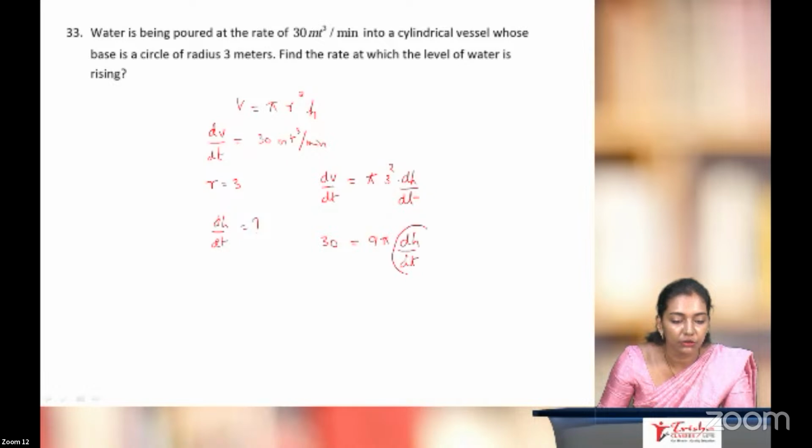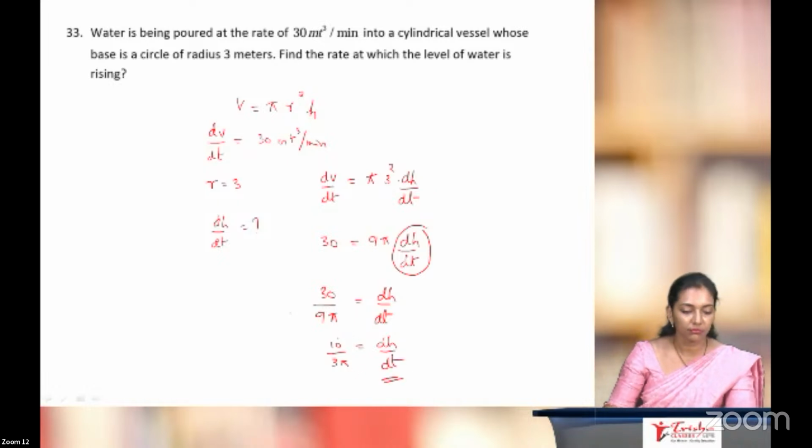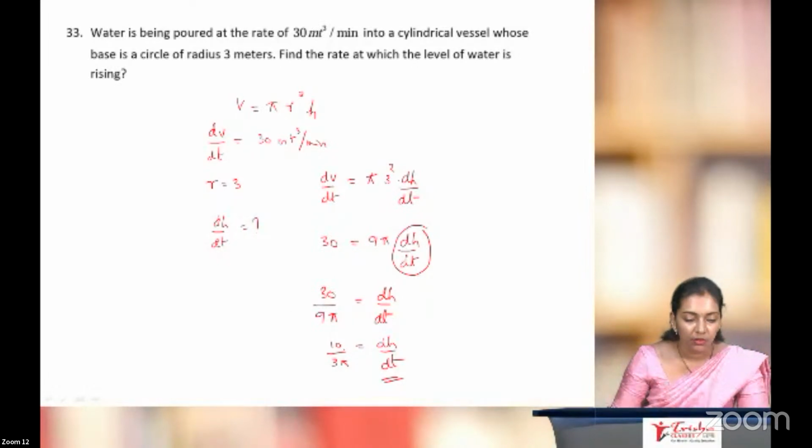Ultimately we need to find dH by dt, right? So 30 divided by 9 pi equals dH by dt, or reducing it, 10 by 3 pi equals dH by dt. So that is the answer, 10 by 3 pi. I hope you got it, students. Are you with me?